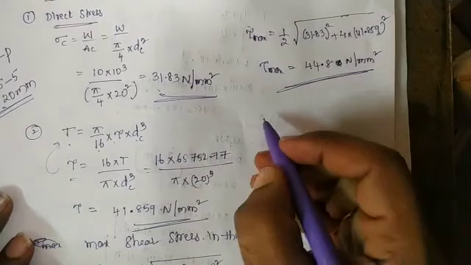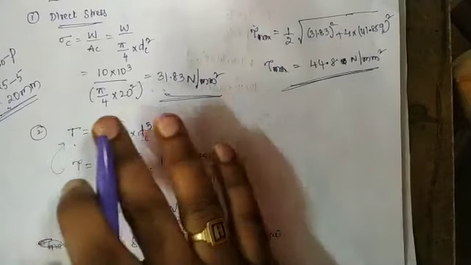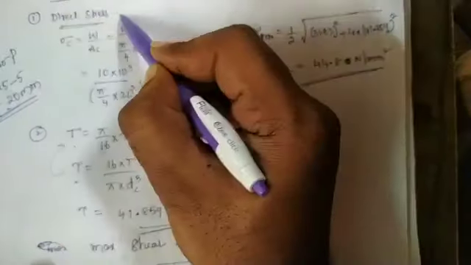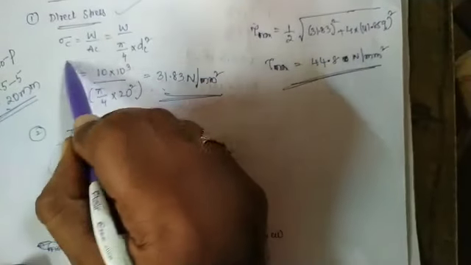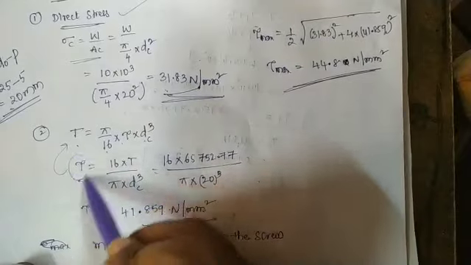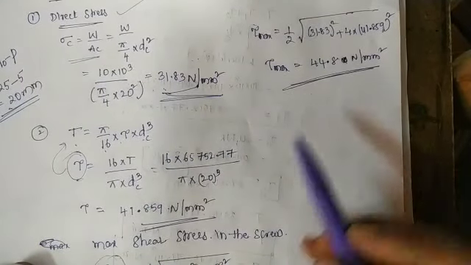Then two conditions are completed. The first one is torque, then the second one is stresses developed in the screw. First is direct stress, calculated by this formula. Then sigma c completed. Next is shear stress in the rod. The next one is maximum shear stress.